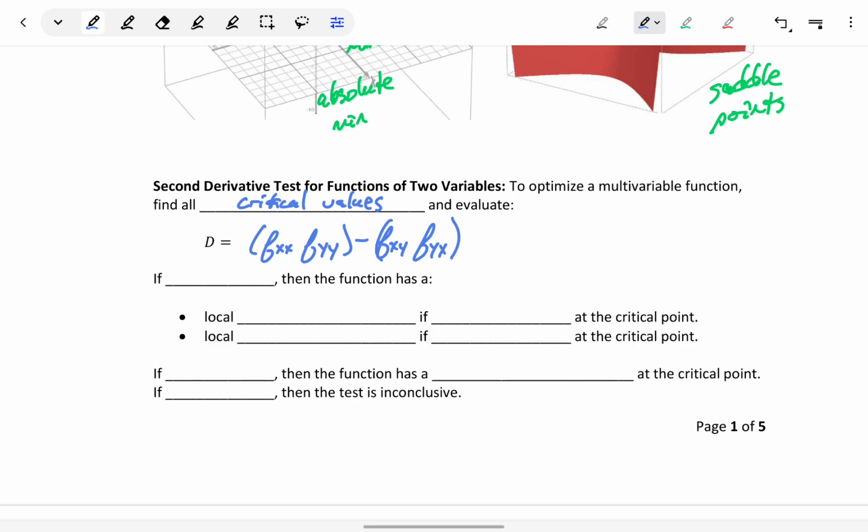We'll evaluate those second derivatives at each critical value that we identify. Once we plug them into this formula, we get a value for D, and then we interpret that result.